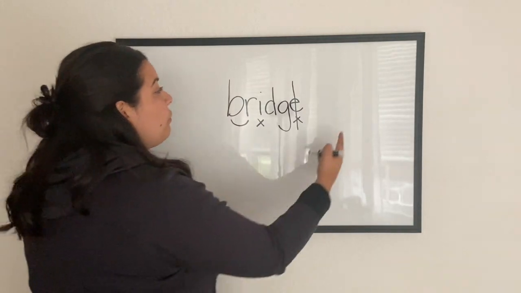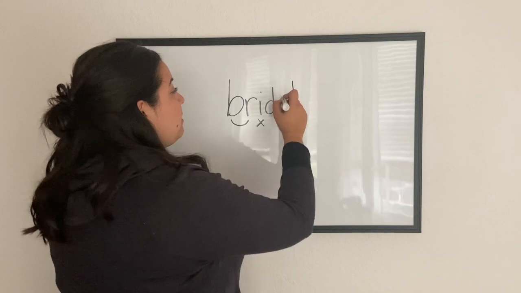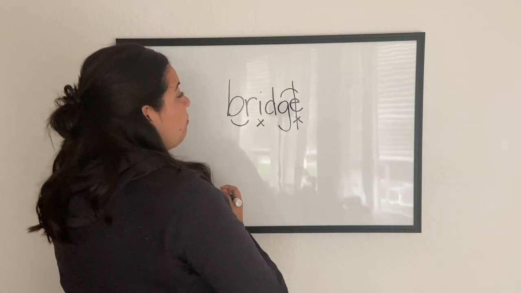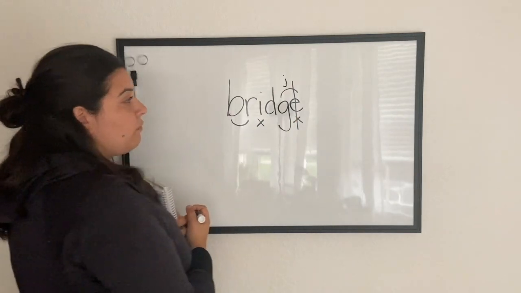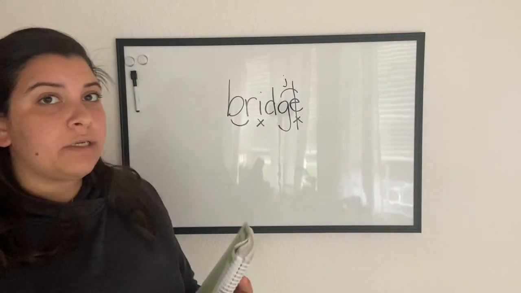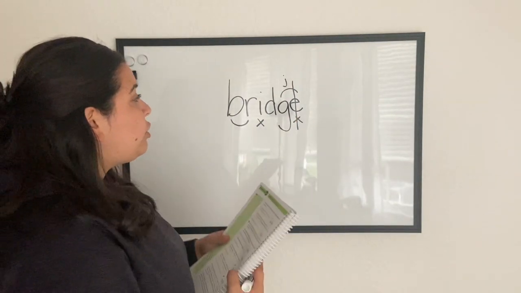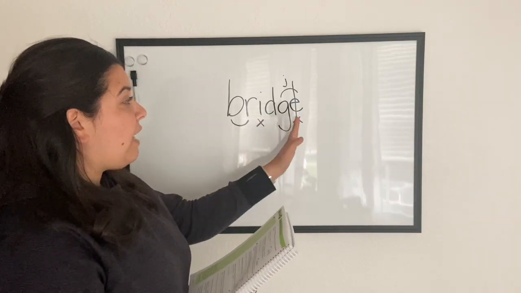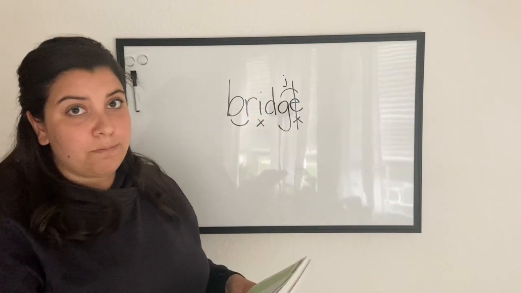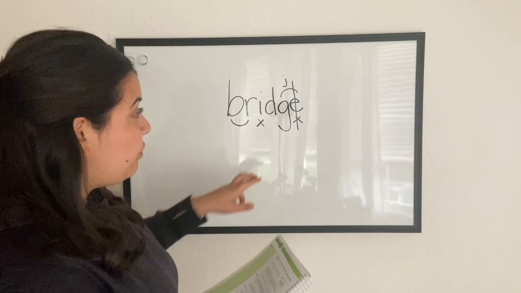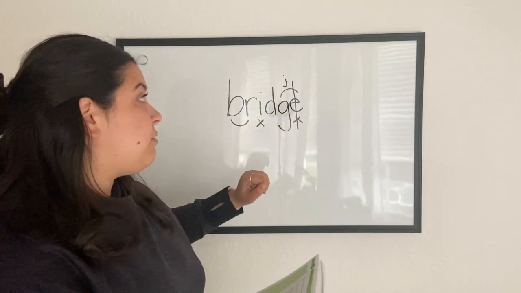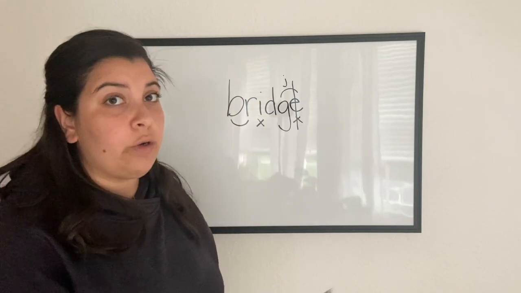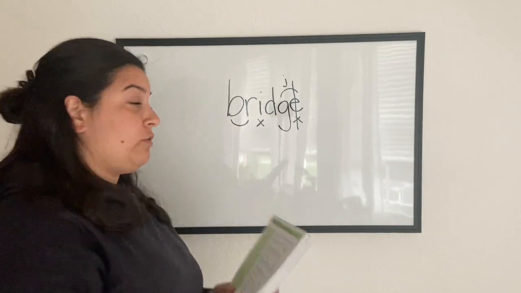So now I'm going to go over top the word, and I see that G and E are together, so I'm going to mark it with a rainbow J. And just like in the word dance, we have two consonants between the silent E and the other vowel. So because we have two consonants between silent E and our vowel, we're going to need to mark our consonants with guardian consonant stars.